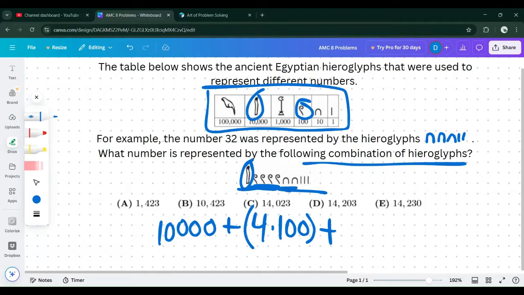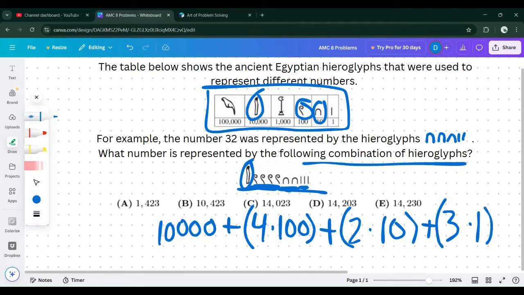There are 2 of them, and they're each worth 10, as shown in the chart again. So total, they're worth 20. And now we're going to move on to the last and final type of hieroglyphic, and there are 3 of them, and they're each worth 1. So basically, they have a total sum of 3.